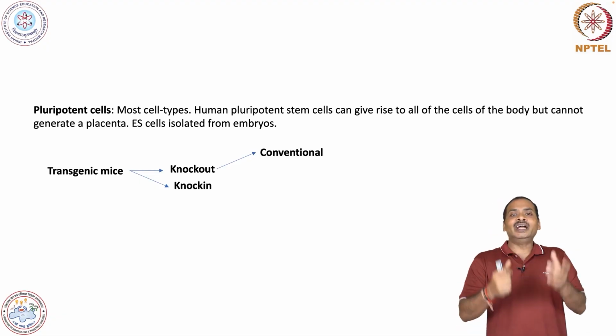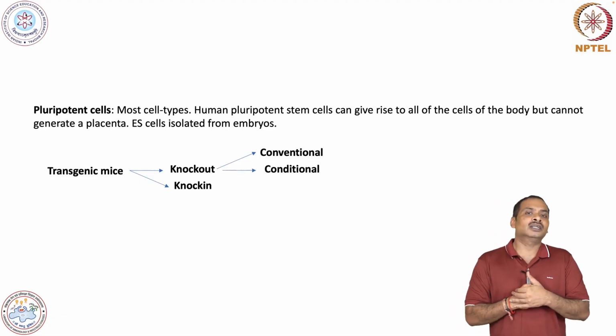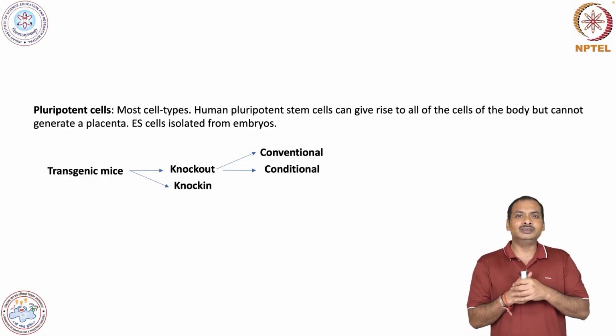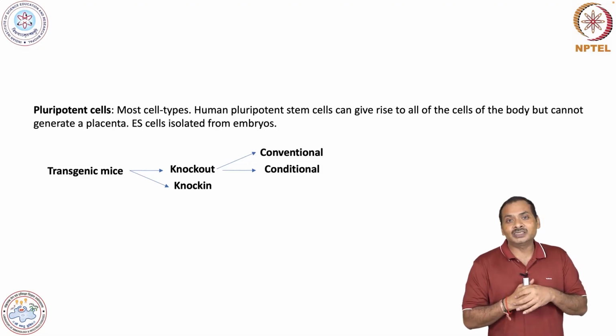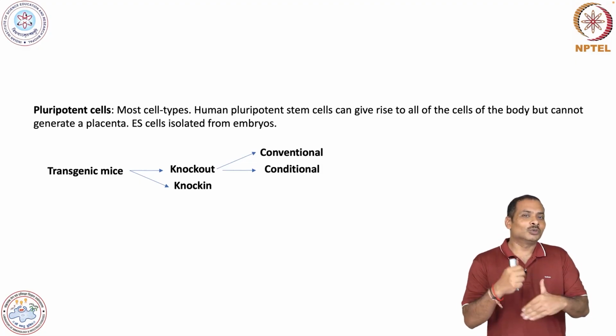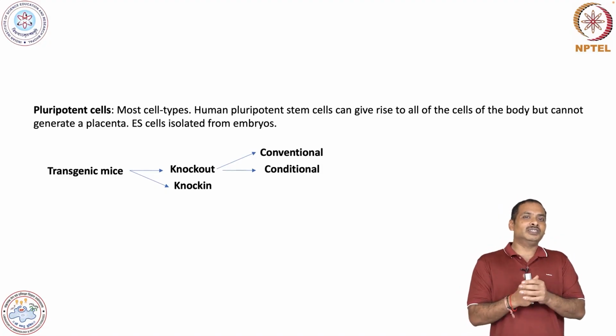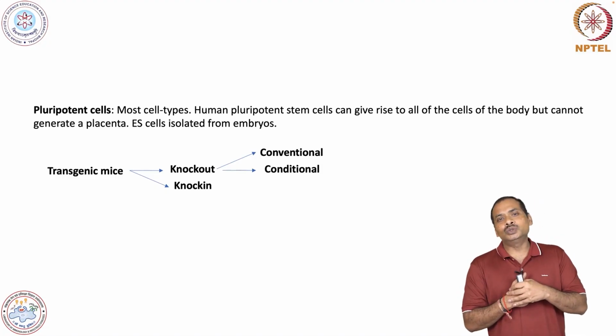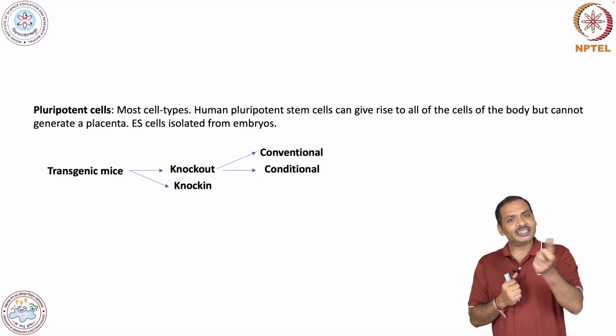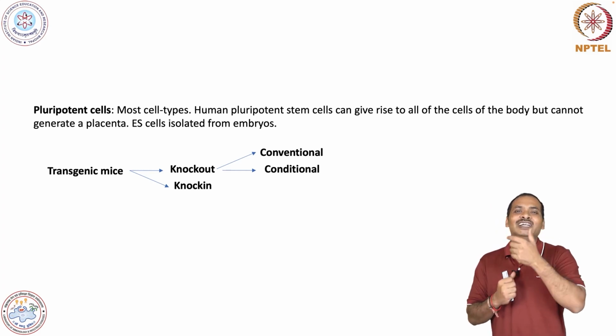So in that scenario we make another kind of mice which we call conditional knockout mice. Conditional knockout mice are far more complex, but here I will explain in a very simple way. What you do is inactivate that gene in a particular cell type.